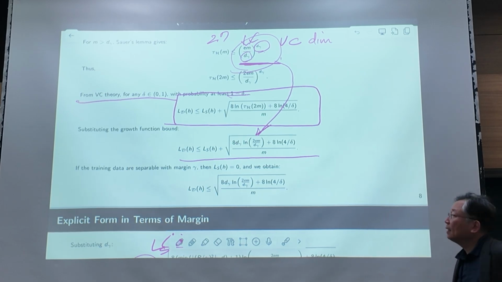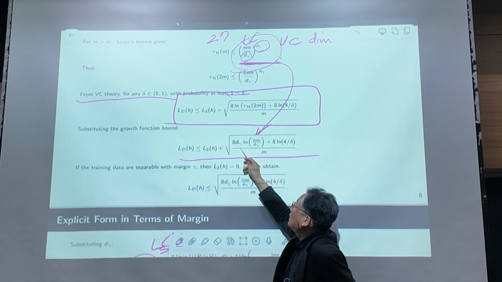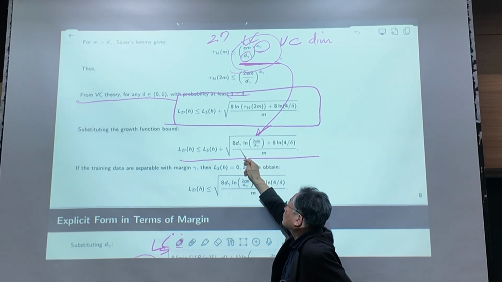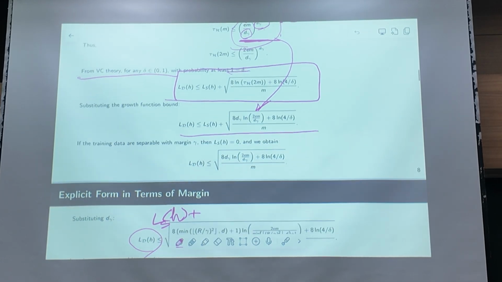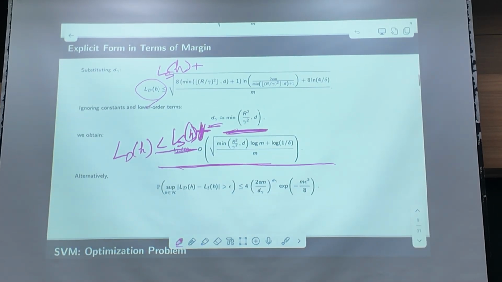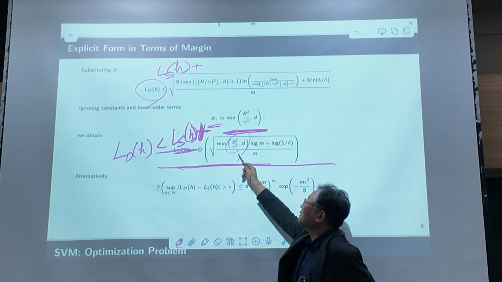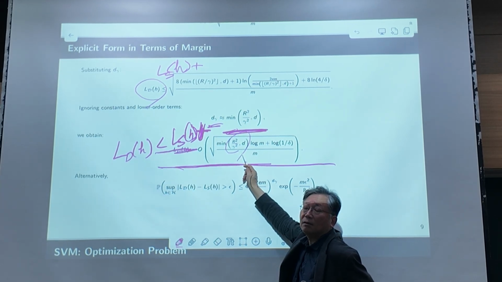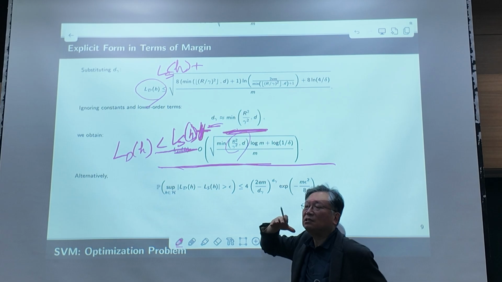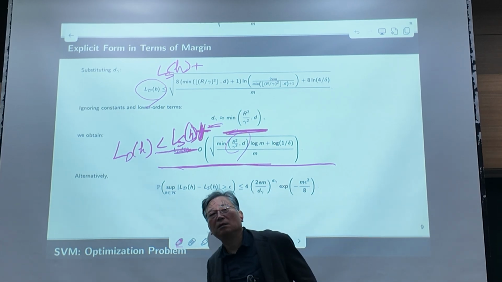And you can see that I could substitute for the VC dimension in terms of R and gamma. And this is what we get. And we see that by maximizing the gamma value, the margin, the confidence interval goes down.